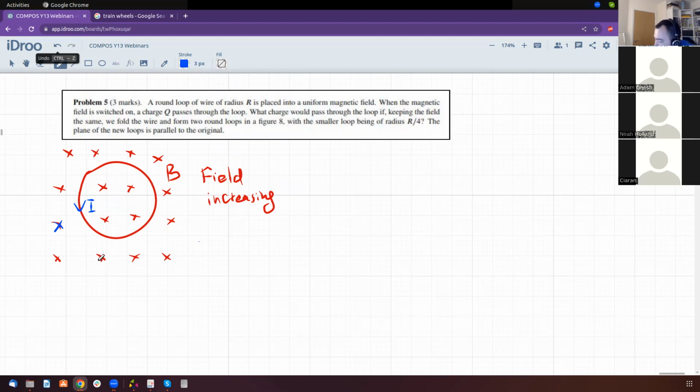Now these are A-level questions. Yes, the right thumb rule, that is correct. Can you elaborate on this?